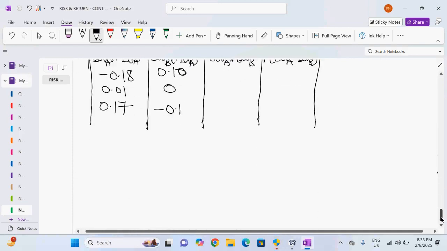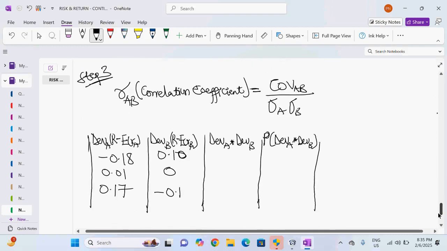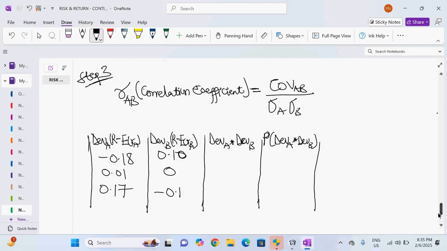Negative 0.1. Okay. So now let's find our deviation A times deviation B. Multiply. Negative 0.018. Negative 0.01.